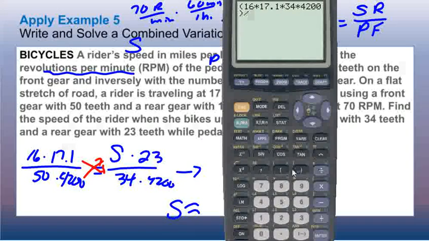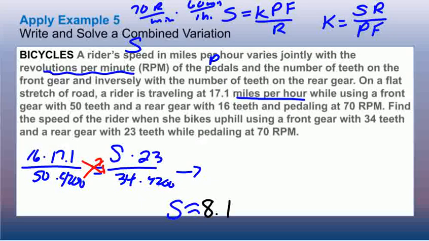And then we're going to divide that by the other side, which is 50 times 4,200 times 23, end parentheses. And it gives us the speed of 8.089. So if I put it to the nearest tenth, this will give us roughly 8.1 miles per hour, which would make sense if she's going uphill. She's going to go slower than what she'd do if she was going the other direction.